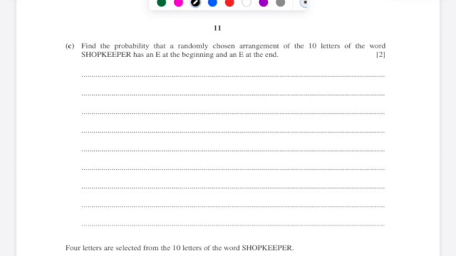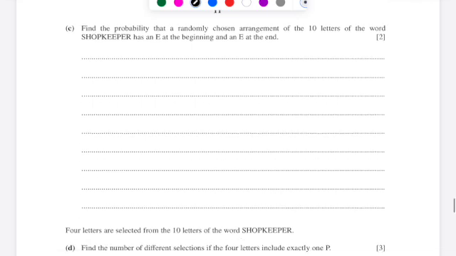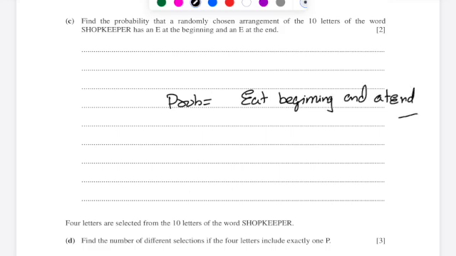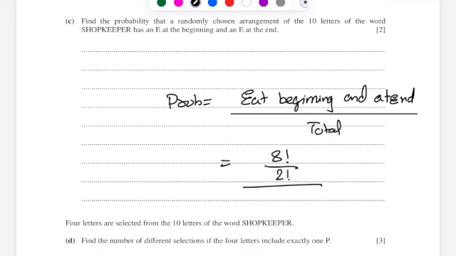Then last part, find the probability that a randomly chosen arrangement of the 10-letter word has an E at the beginning and E at the end. Probability equals E at beginning and at end divided by total ways. So E at the beginning and E at the end is 8 factorial divided by 2 factorial, by total ways, which we have got as 10 factorial by 2 factorial, 3 factorial, which is 1 upon 15.